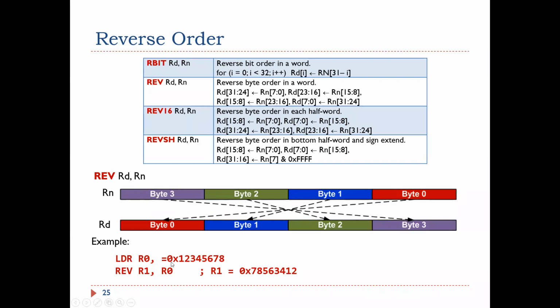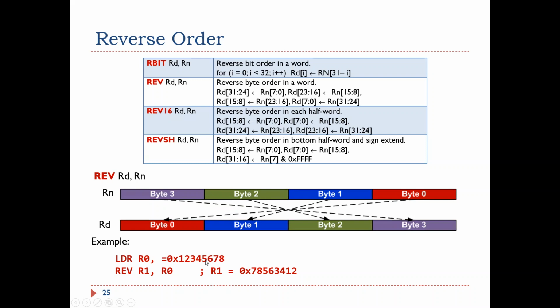If you can take a look, here is an example, LDR R0, and let's assume that we have put the same value here, 12345678. Now, if you do bytewise, obviously this is byte 3, byte 2, byte 1, and byte 0. So this is byte 0, and it will become byte 3, which we see here.